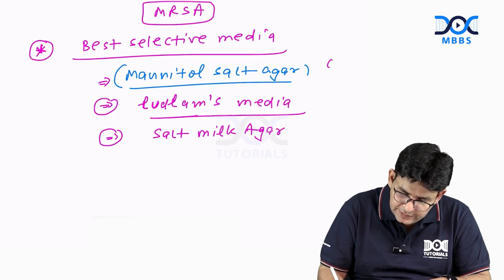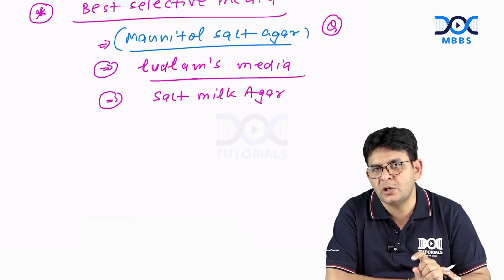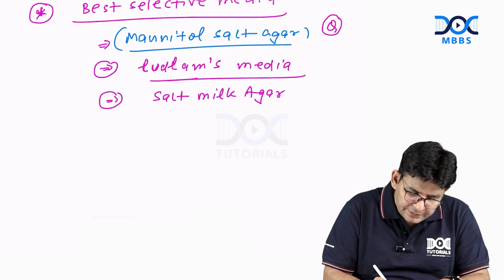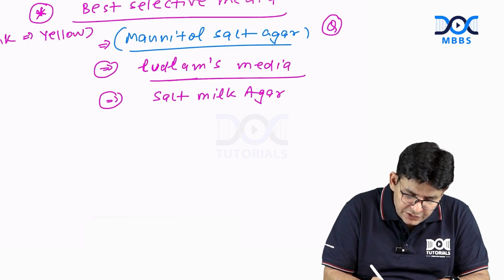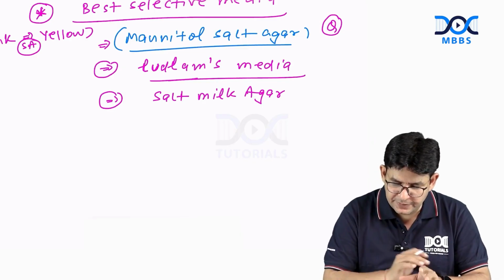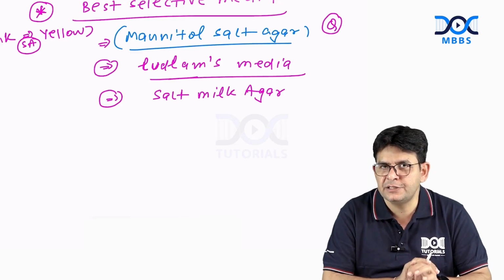But obviously, the most important, the best one, is the mannitol salt agar. Is it fine? Now, this is a pink color media which changes to yellow if the Staph aureus grows over it. So remember this particular fact regarding the best selective media for the Staph aureus.